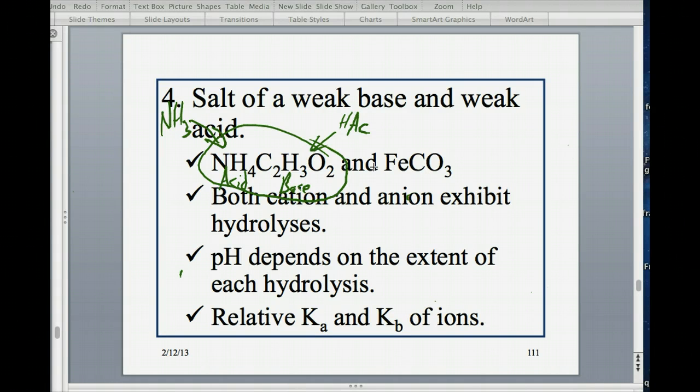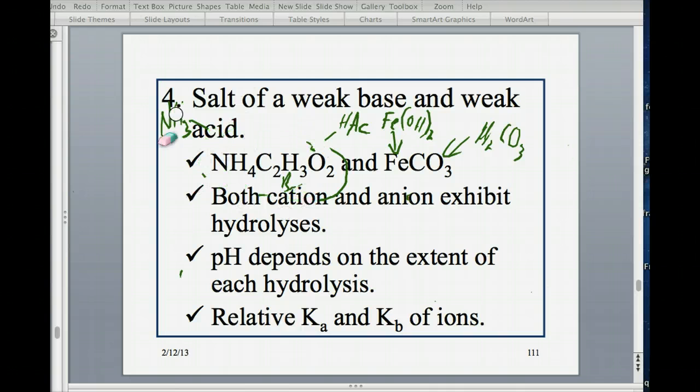The same holds true here for my iron carbonate, or carbonic acid, and iron hydroxide. We're going to say it's iron 2 because it's iron 2 here. And again, we're coming from weak and weak, which means that they do have character, and that would depend on the relative size of the Kas and Kbs.